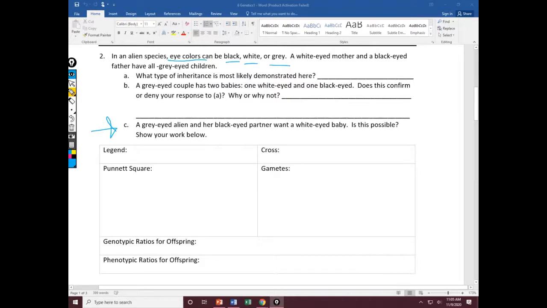And the fact that I've been listed 3 phenotypes is already a good flag for me that this is incomplete dominance. That was one of our defining features.